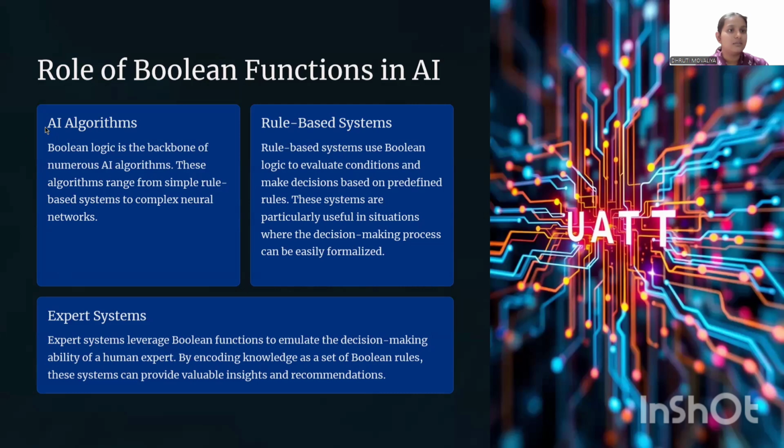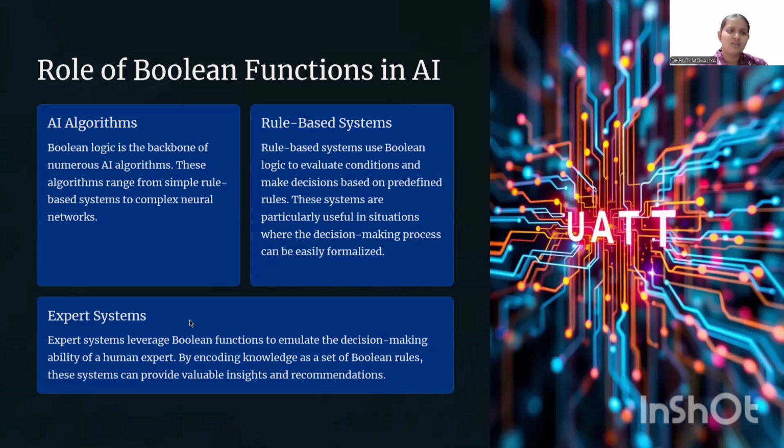What is AI algorithm? Boolean logic is the backbone of numerous AI algorithms. These algorithms range from simple rule-based systems to complex neural networks. What is rule-based system in AI? Rule-based systems use Boolean logic to evaluate conditions and make decisions based on predefined rules. These systems are particularly useful in situations where the decision-making process can be easily formalized.